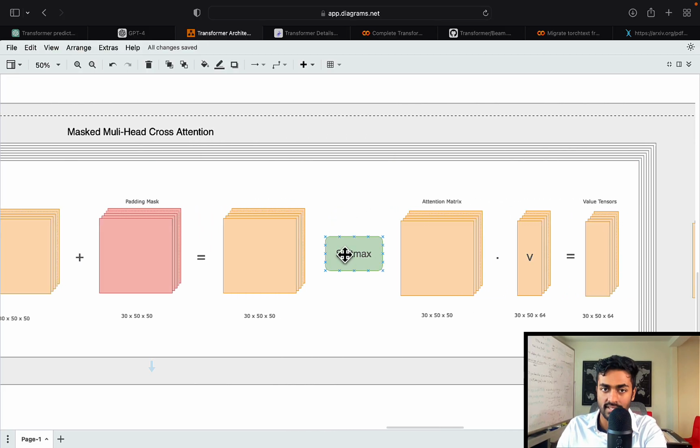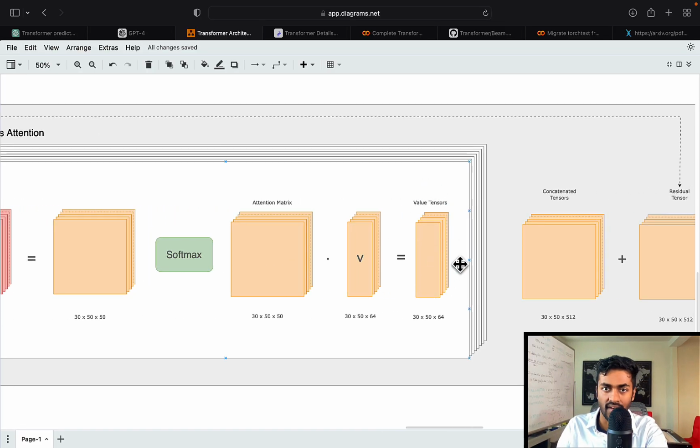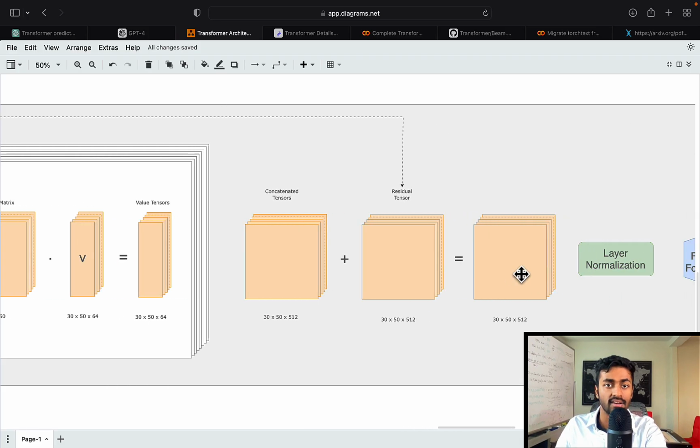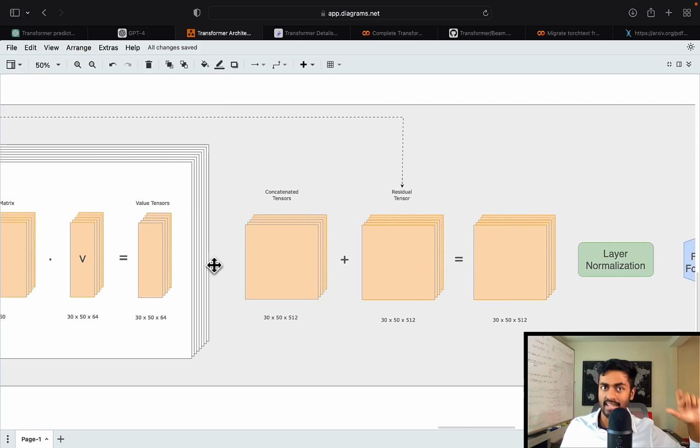We'll then perform a softmax to get probability distribution values of how much attention each Kannada word should pay to an English context. And then we'll eventually get similar value tensors, which we concatenate across the 8 heads. This will lead to a 512 dimensional vector for every single Kannada word. In this case, every Kannada word will have some English context now embedded in it as information.